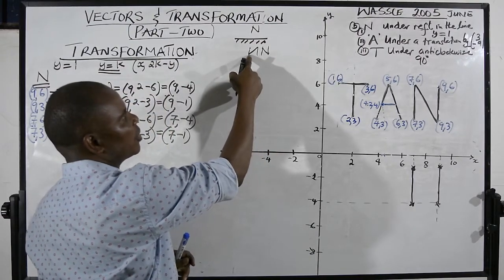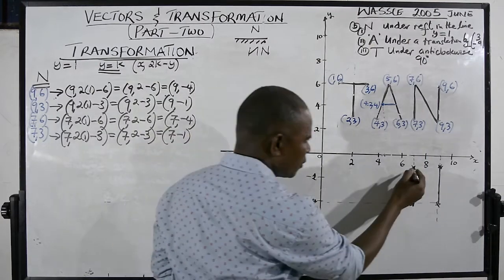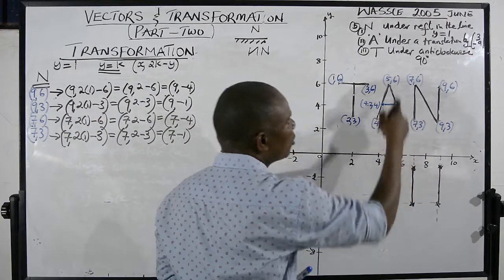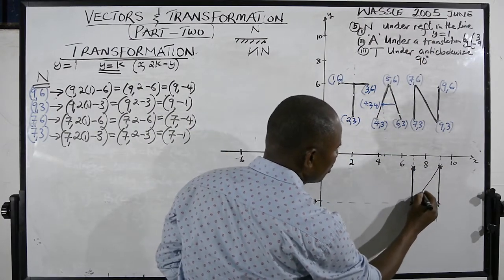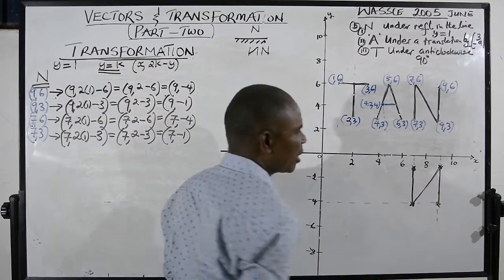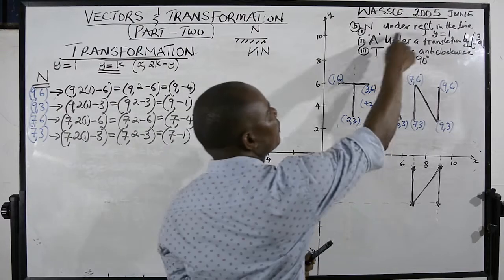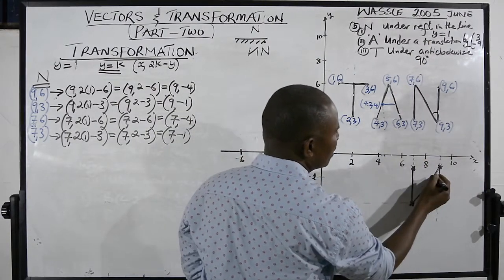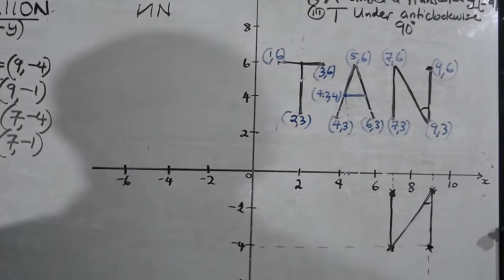But the question says reflect, so you watch out how you draw that line. If you draw it the wrong way, it means you translated the N and did not reflect it. In reflection, this corner must reflect this, and this leg must reflect this leg. That is reflection. So we have reflected the N.